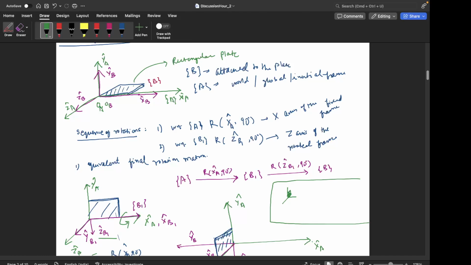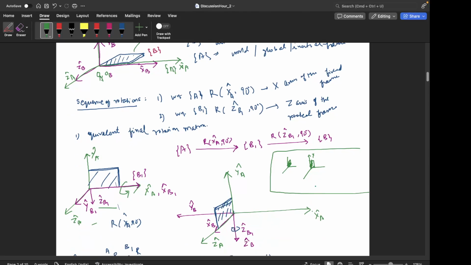And the x-axis would have been towards this side, right? And if we would have rotated after that about that x-axis 90 degrees, then the plate would have been like this, right? So you see that the end configuration of the plate is very different from what we get in this sequence to what we get in the reverse sequence, right? So this highlights that in 3D rotations, the sequence of rotations matters.